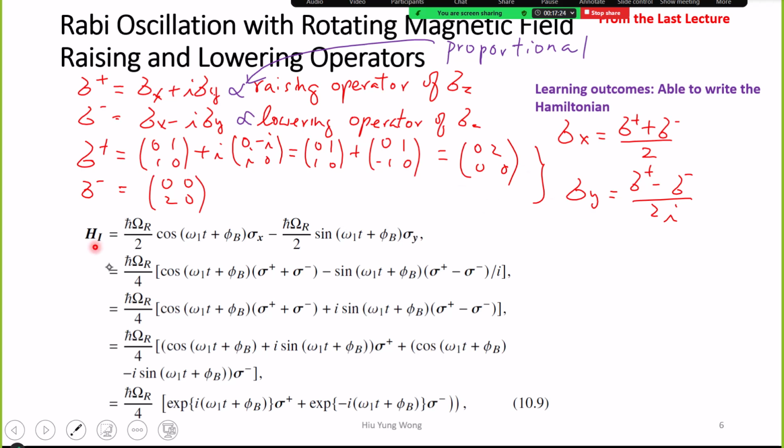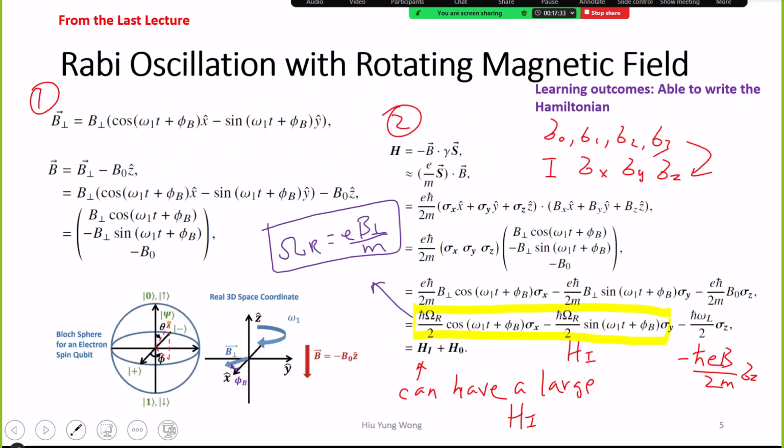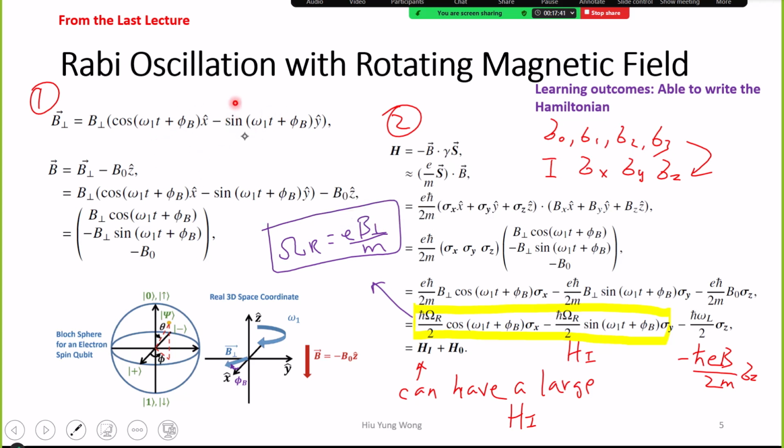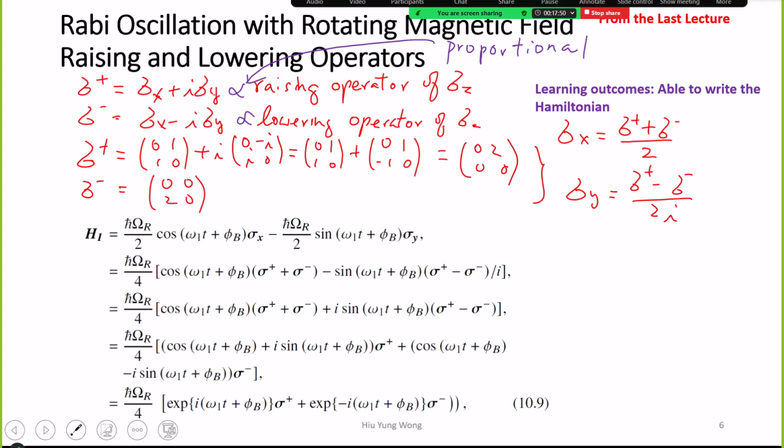So what did we do? We still have this HI equal to something times sigma x plus something times sigma y due to this oscillating magnetic field interacting with the spin, the magnetic moment.